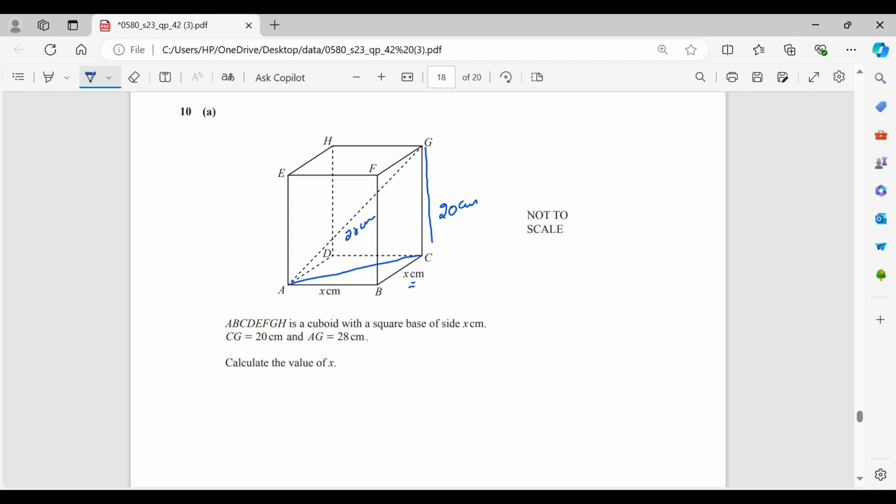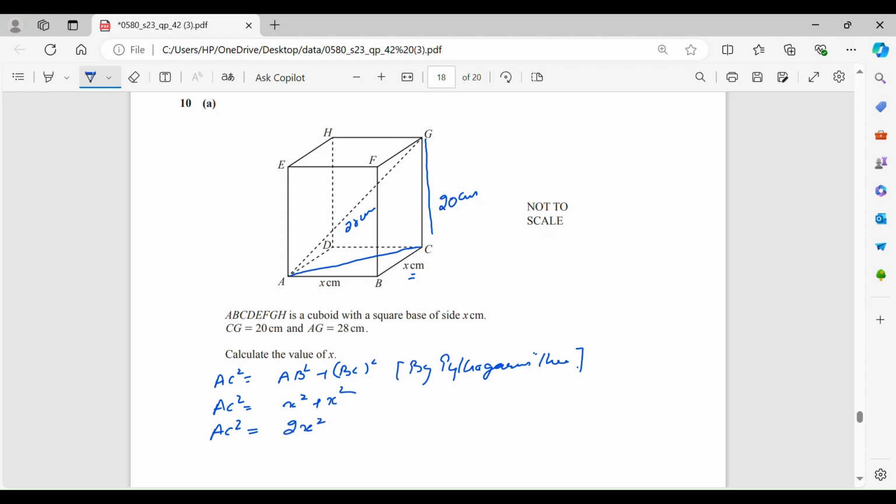Now AC square is equal to AB square plus BC square by Pythagoras theorem. So AC square will be equal to x square plus x square. Now AC square will be equal to 2x square, right?